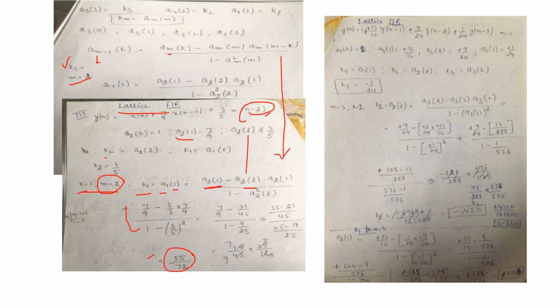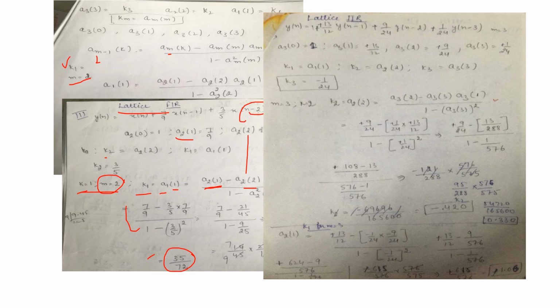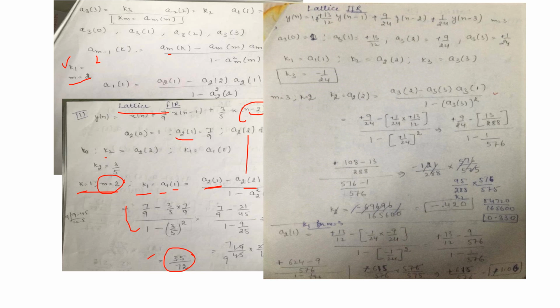Similarly, if you are doing the lattice structure for IIR filter, see in IIR filter there is a feedback in the differential equation. Clear? There is a feedback in the differential equation. See, what is the differential equation for IIR?